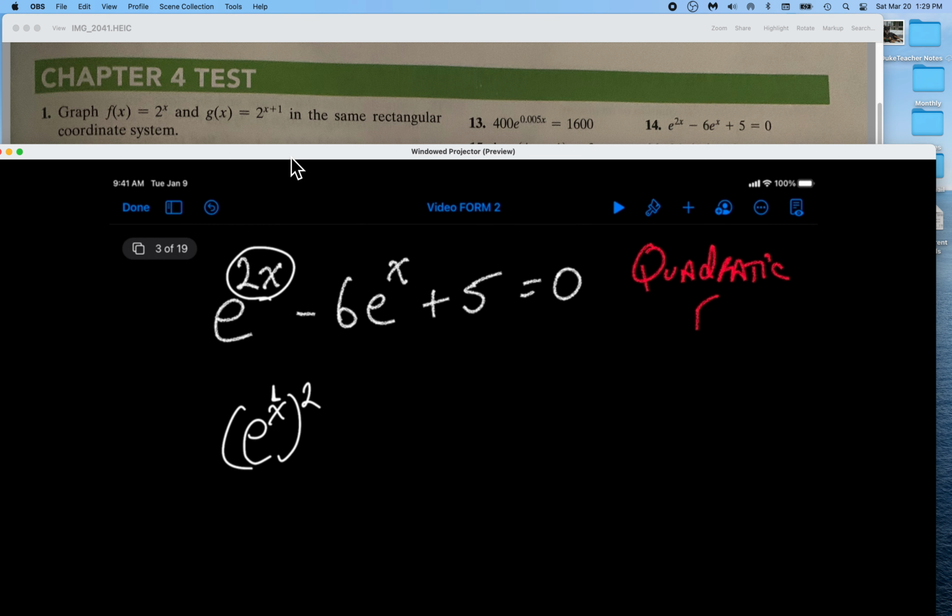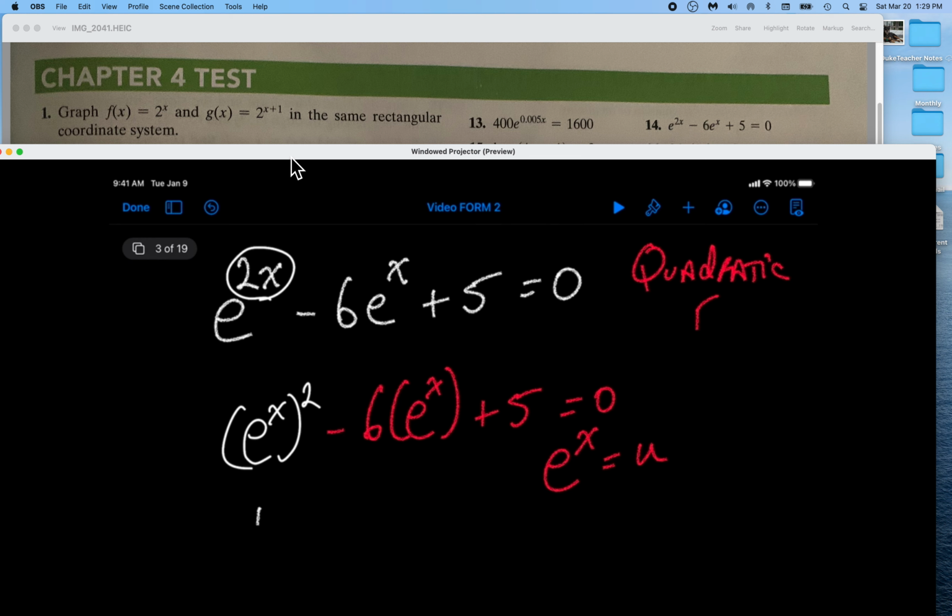We're going to change this to 6 times e to the x plus 5 equals 0. Now at this point, I think it's easier if, rather than working with e to the x, we let e to the x equal u.